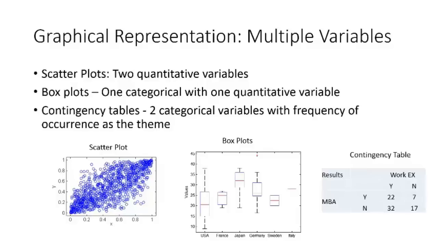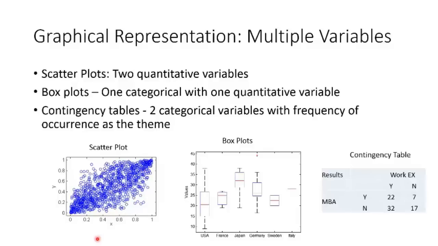The key thing you should notice in the scatter plot is that it really helps you understand the relationship. It does not do a very good job of understanding each individual variable. Maybe if you'd done a distribution of x and a distribution of y separately, you would have understood those two variables. But what it does a good job of is capturing the relationship between x and y.